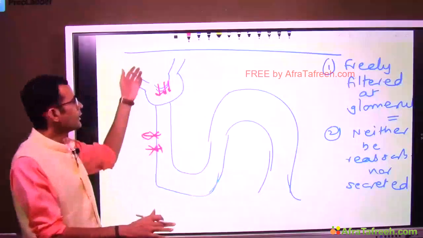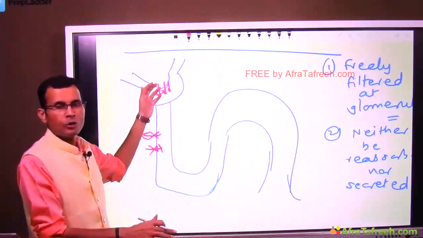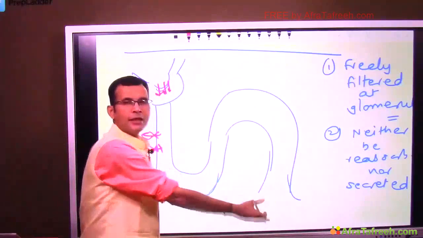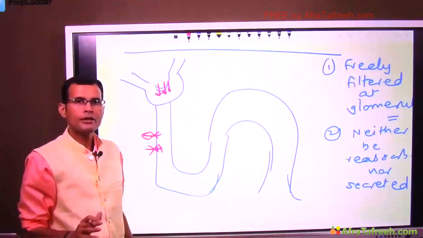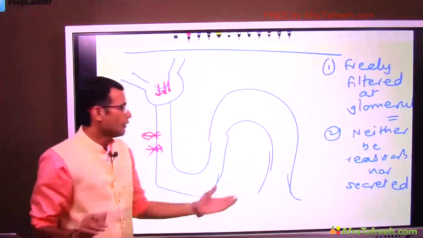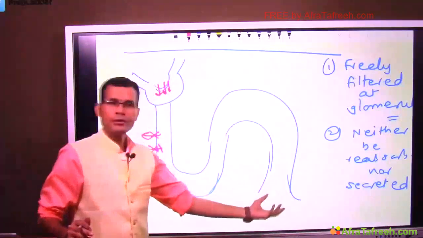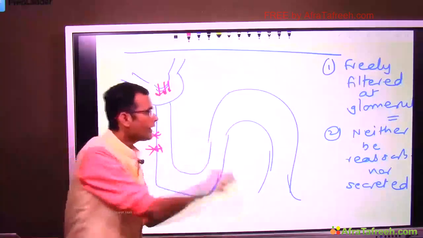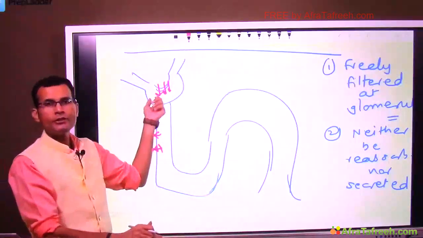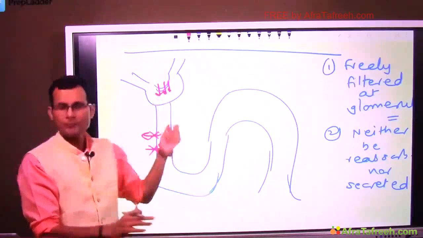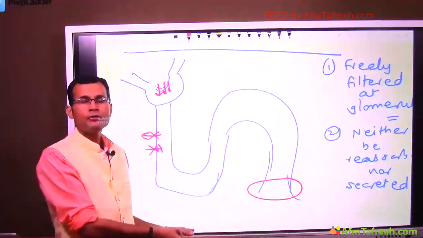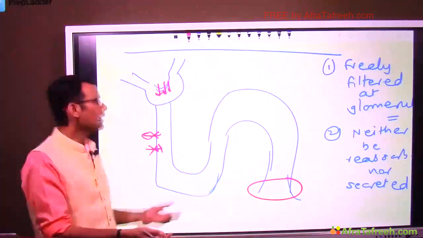The substance filtered per unit time at the glomerulus will be equal to the substance excreted per unit time, isn't it? That means the substance excretion rate will give you its filtration rate at the glomerulus, and that will give you the idea of GFR, right?